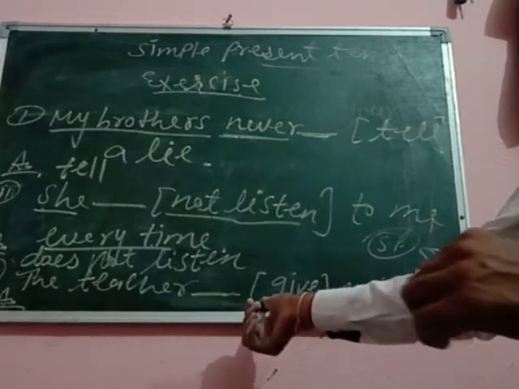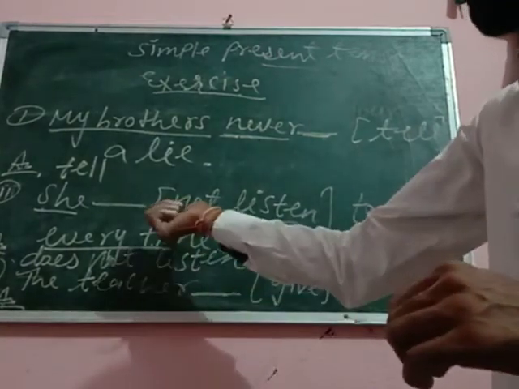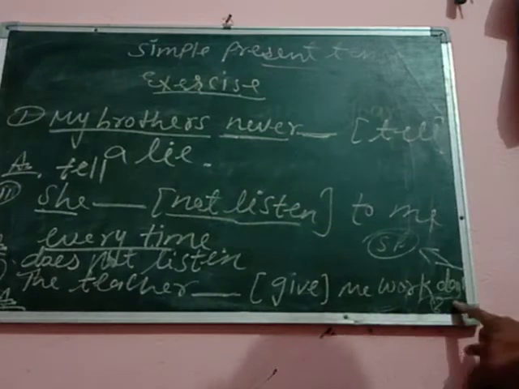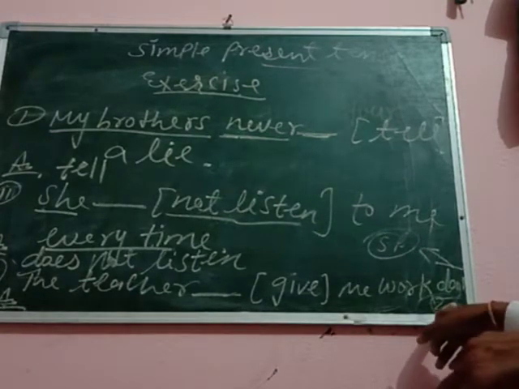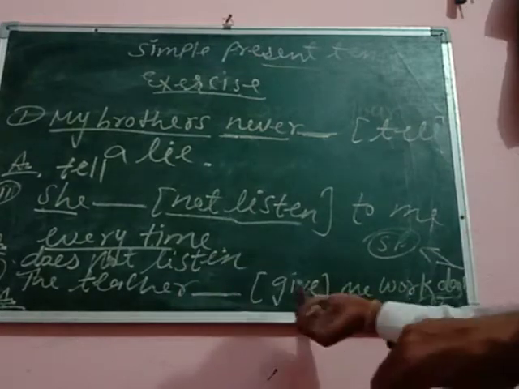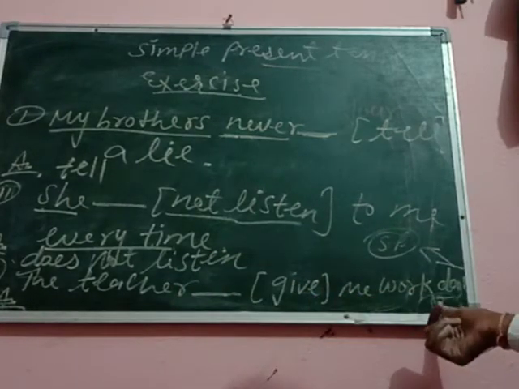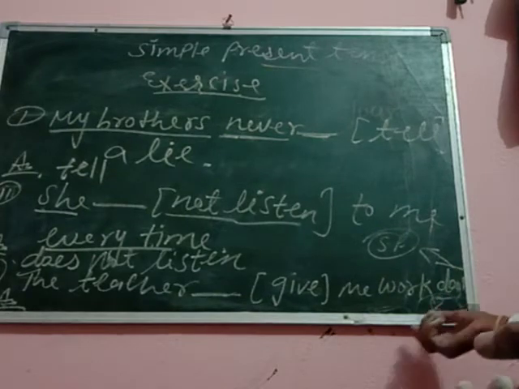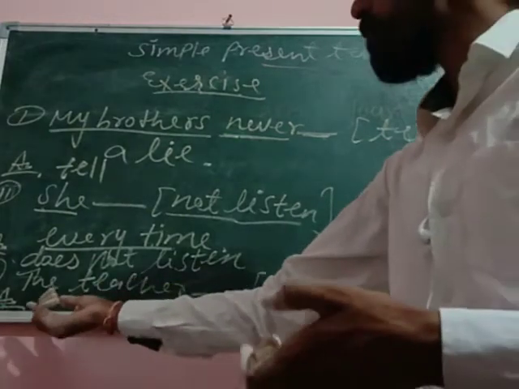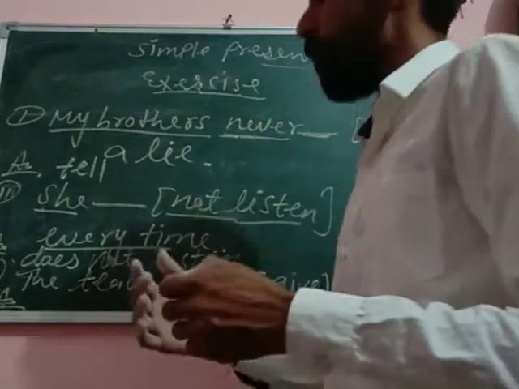If there is not, it means it is a negative sentence like this one. And if there is a question mark, in that condition we can understand that this one is an interrogative sentence. But if not and an interrogation mark are not given to us in any sentence, it means the sentence is affirmative.